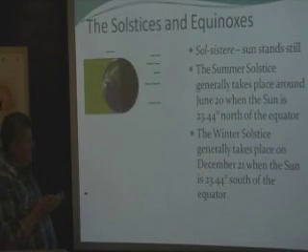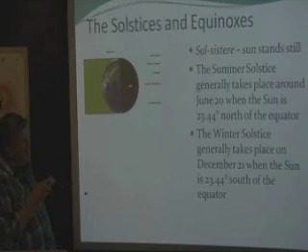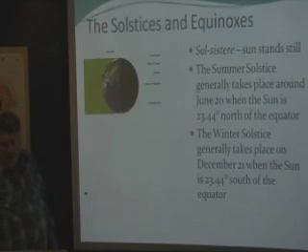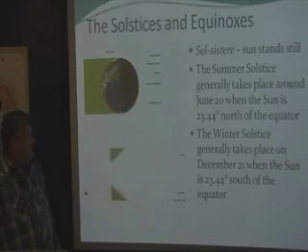And the winter solstice takes place approximately December 21st, when the sun is equidistant, 23 degrees 44 minutes south, or sitting on top of the Tropic of Capricorn, which we've just discussed and showed the images for.